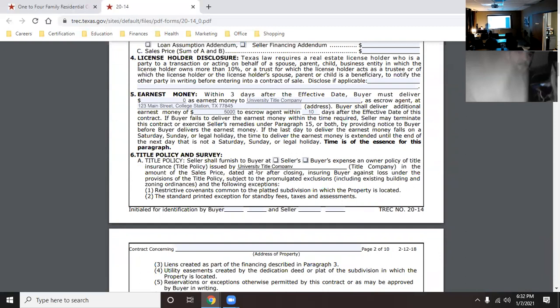So if a person wants to close the loan with an attorney, in some situations they may possibly put an attorney here. Now this one, of course, is pre-printed, so you'd have to have a custom form done.